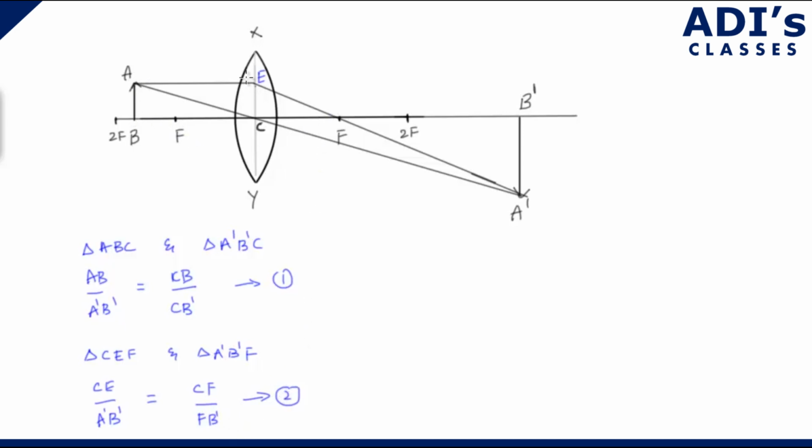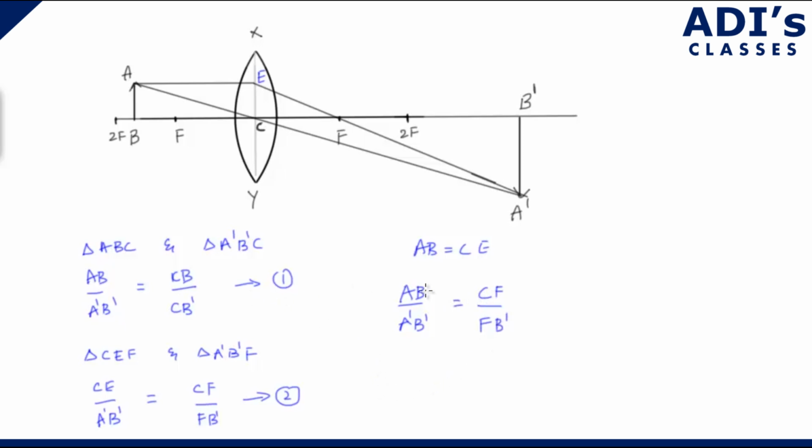Now if you look at the figure, AB and CE are the same, correct? So AB is equal to CE. For equation number 2, we might as well write it as AB by A dash B dash is equal to CF divided by FB dash.